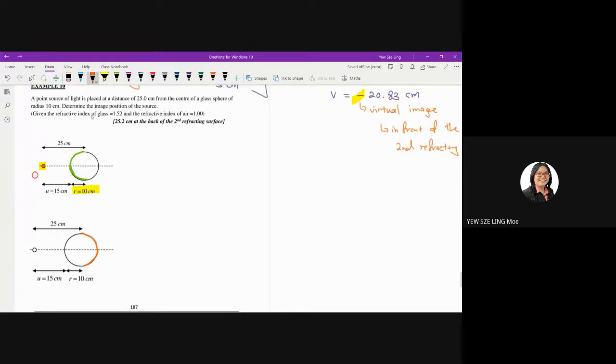My object is on the left-hand side, which indicates that my incident light ray is from the left-hand side. So once again, this is the incident ray. When it hits this green surface, it's hitting the outer surface of the sphere, which means this is a convex surface.